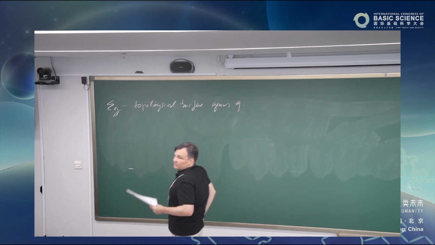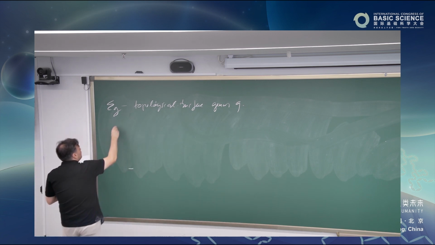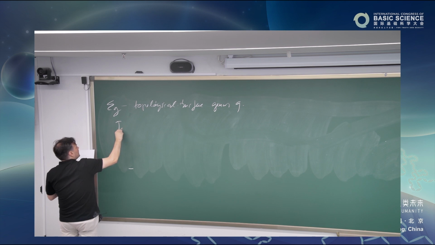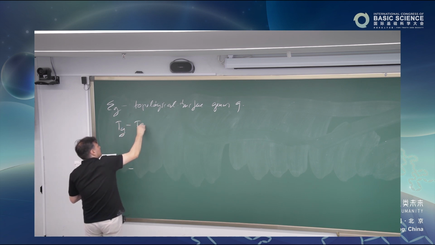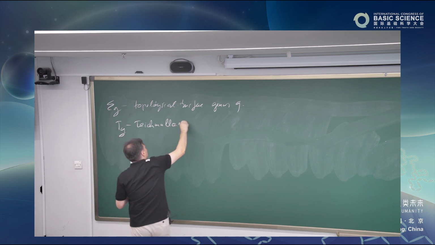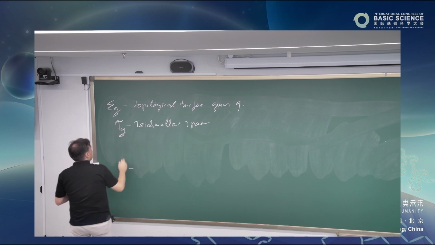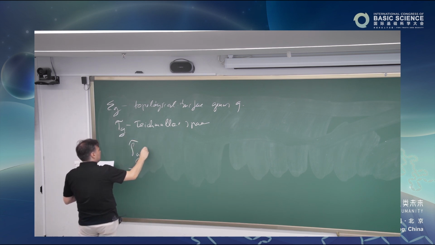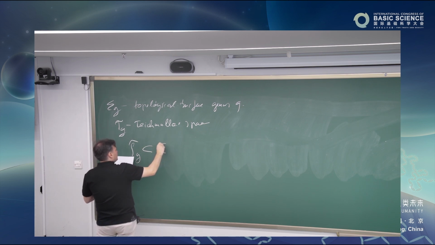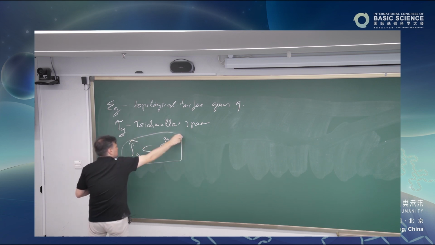You can add punctures if you like, but the bottom line is that the Teichmüller space is a complex manifold which is realized as a bounded domain in C^(3g-3).